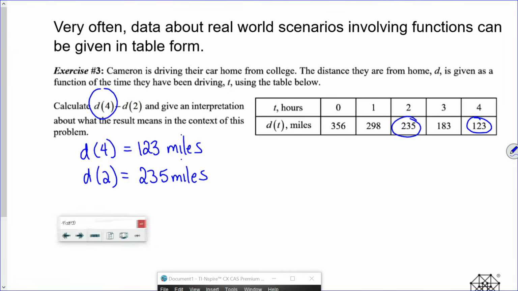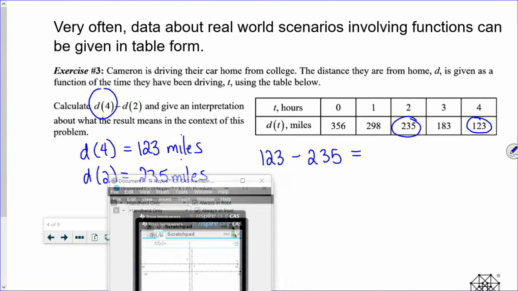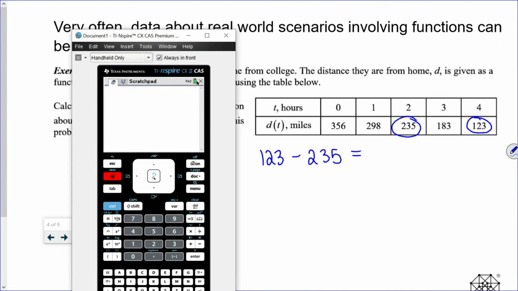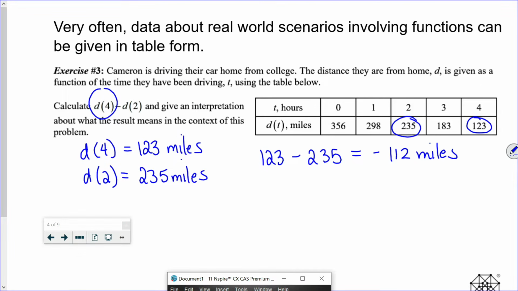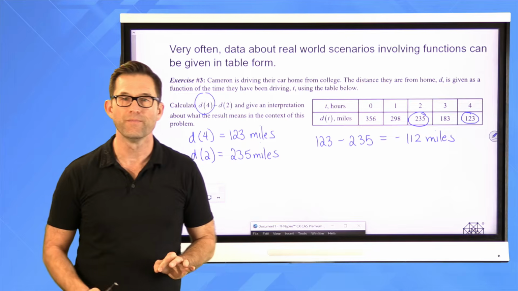Okay, so I just want to do 123 minus 235. I think I can do that in my head. But just to make sure, I want to be very clear about something, right? Because I'm doing 123 minus 235, I end up getting a negative answer. Specifically, I end up getting negative 112 miles. Okay, so that's actually the answer to what this thing is equal to.